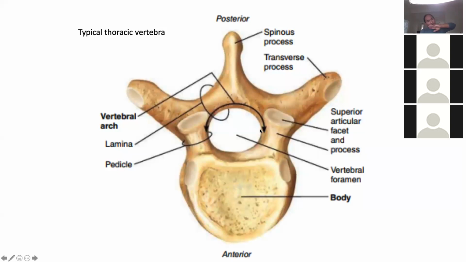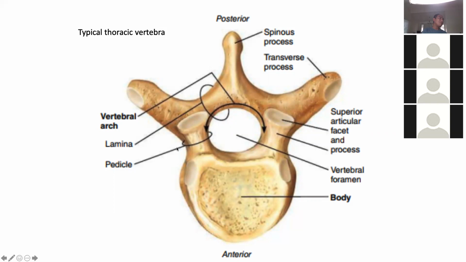If we have a cross section, or a superior view, of the spine, this is a typical thoracic vertebra. This is anterior, in the front on the tummy side. This is posterior, on the back. At the anterior, we have the vertebral body, and two bony processes come out from the vertebral body.